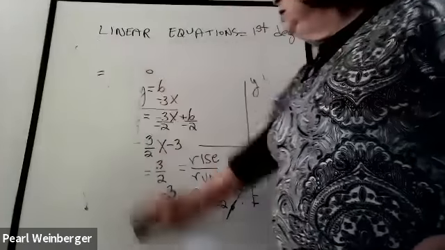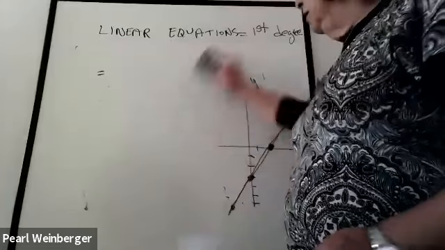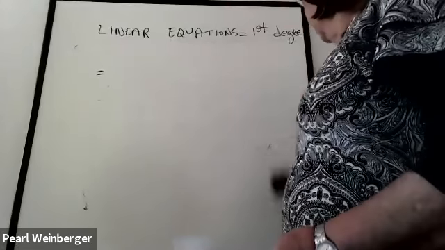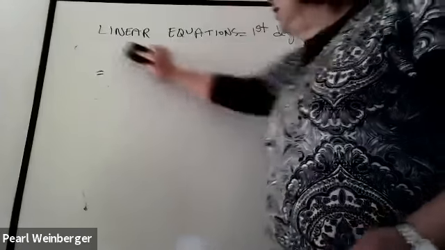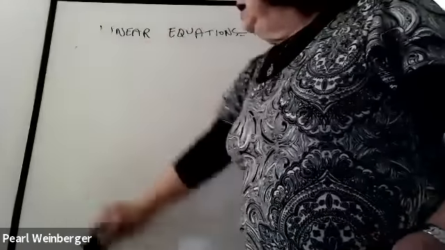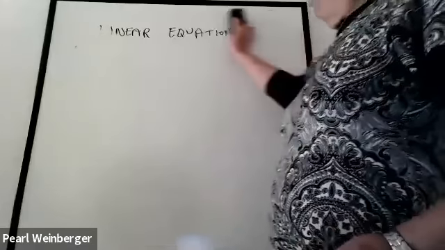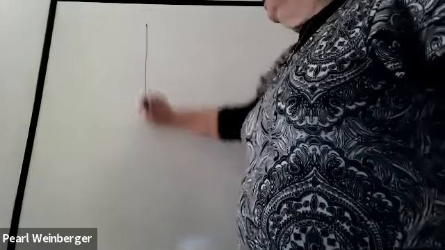Those are the lines that are not slanted. What type of lines are not slanted? Well, either lines that go straight up and down, or lines that go straight across. In other words, we can have horizontal lines.